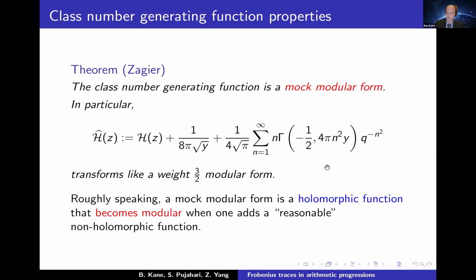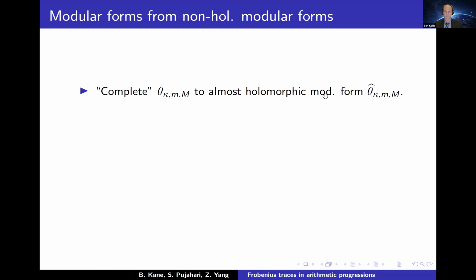When you add a reasonable non-holomorphic piece, which in this case is explicit, the incomplete gamma function, then you get a non-holomorphic modular form. So you can complete the theta to some non-holomorphic object. You can complete the h to some non-holomorphic object, and then when you multiply them together, the weights just add together, and you get weight kappa plus 2. So Ilker asked this question earlier. This is the answer to Ilker's question. Here's the weight.